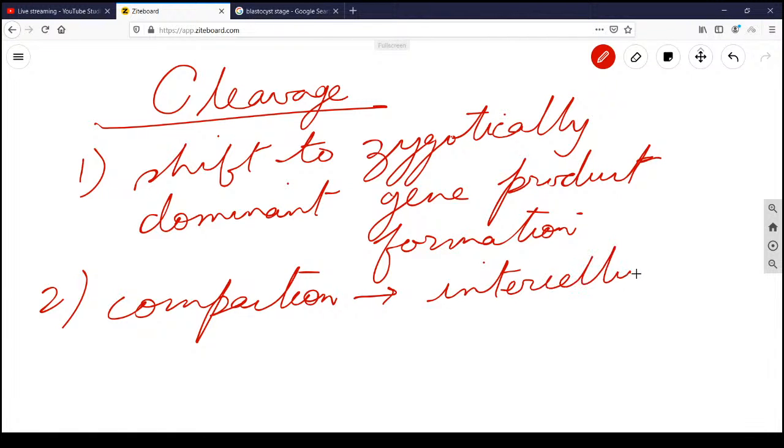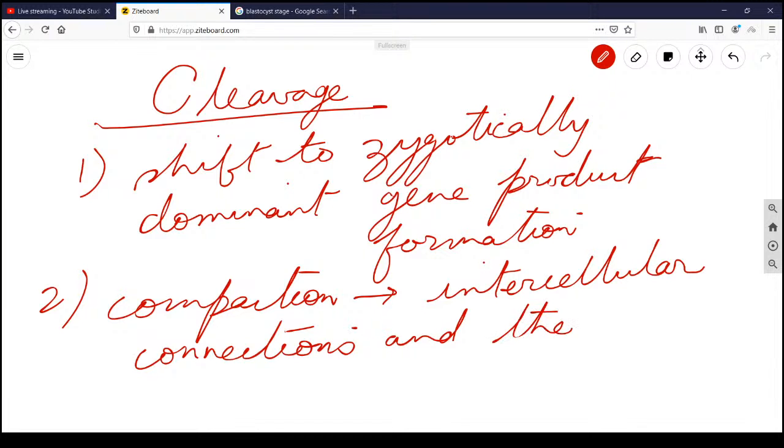That is why I told you blasts are known as epithelial cells, right? They resulted from the blastomeres only. Intercellular connections are formed via gap and tight junctions, and the blastomeres begin to take characteristics of epithelial cells.